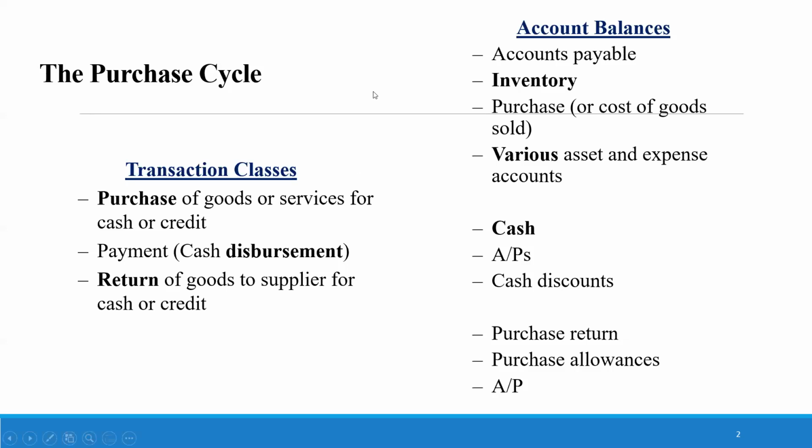So in the purchase cycle, there are a few important accounts. Just try to make the slides bigger for me. Okay.